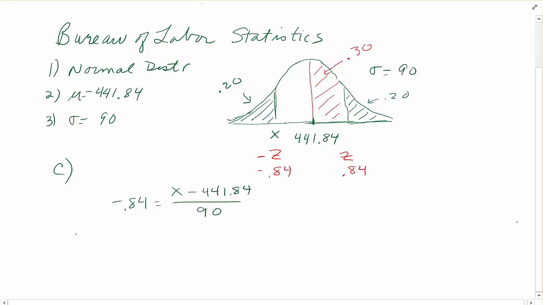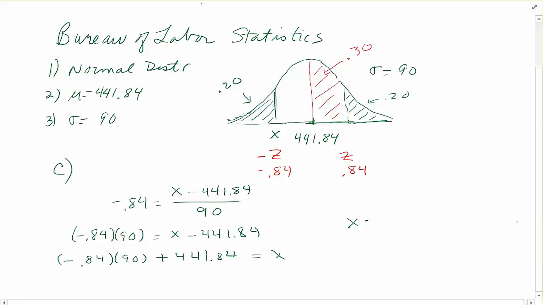And again, multiply both sides by 90, and then add, and I get x equal to $366.24.